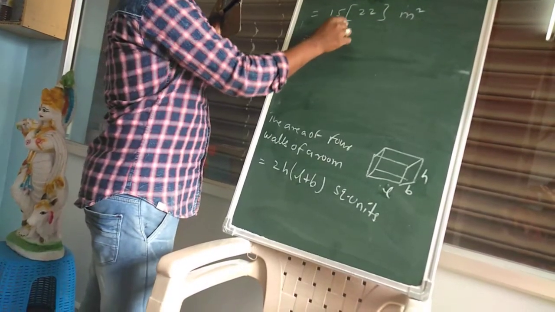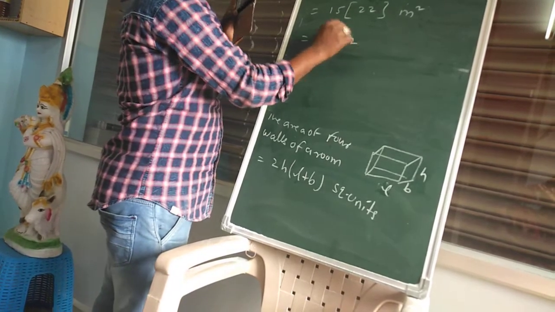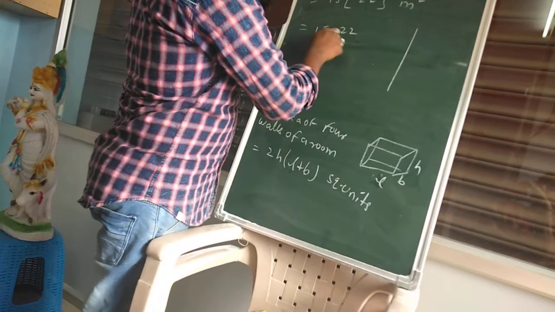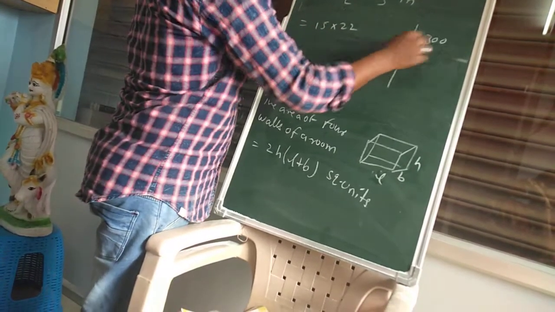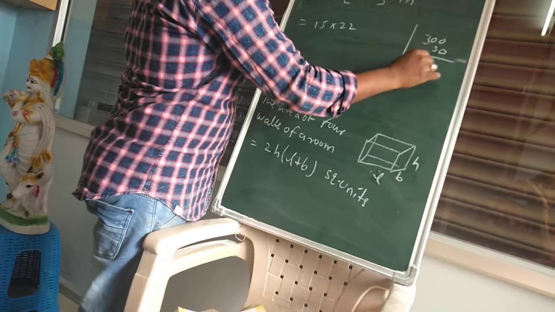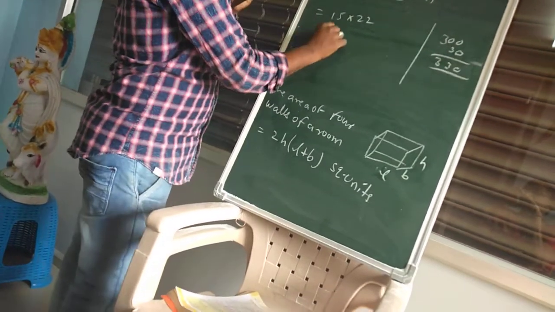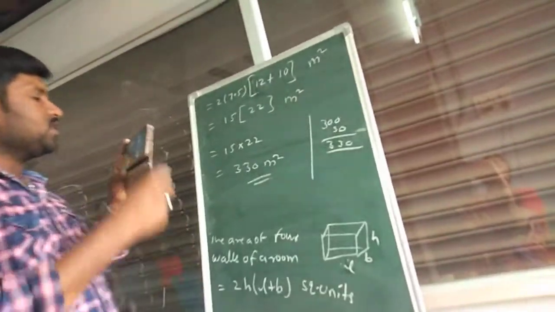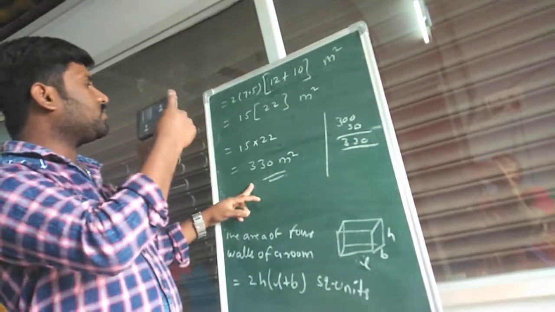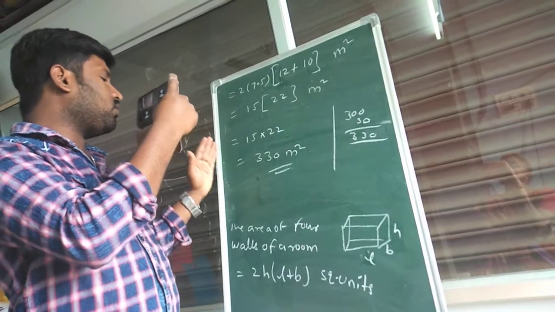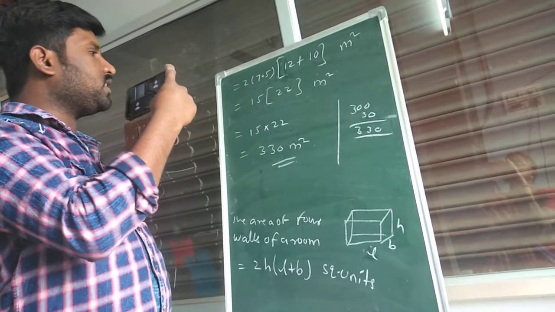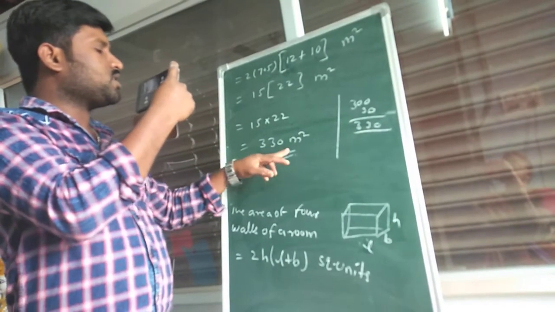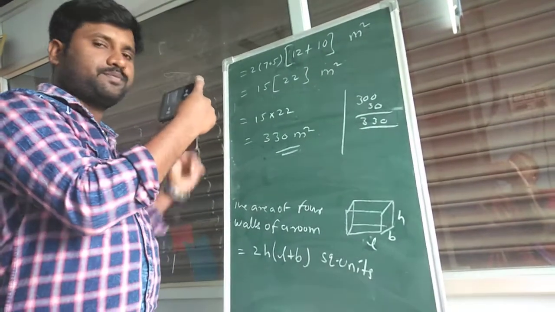Now 15 into 22, 15 twos are 30, that is 330 square meters. So this is the area of 4 walls of a room with the given measurements, that is 330 square meters.